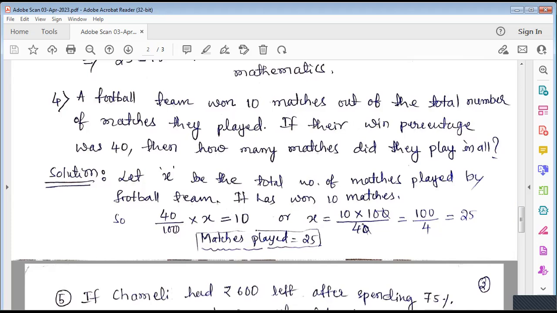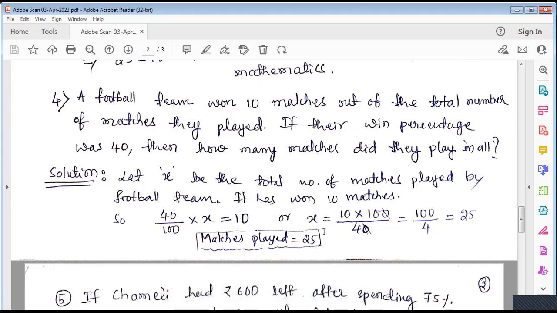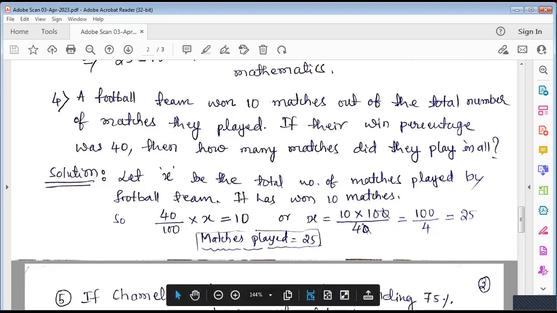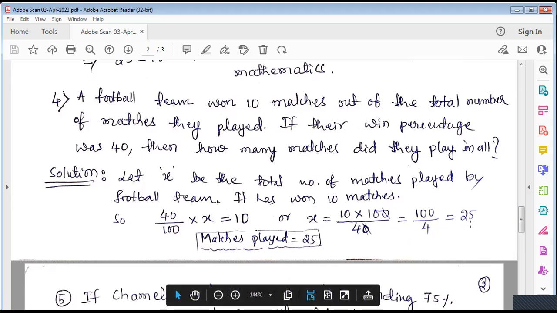So 40% means 40 by 100 into X is equal to 10, or X is equal to, you take this 100 up to the numerator and 40 goes to the denominator. So write this as X is equal to 10 into 100 divided by 40. Here 10 and 10 get cancelled. 10 into 10 is 100 divided by 4. 100 divided by 4 is 25. So we got the value of X as 25.